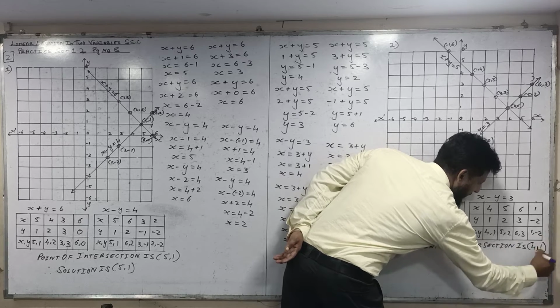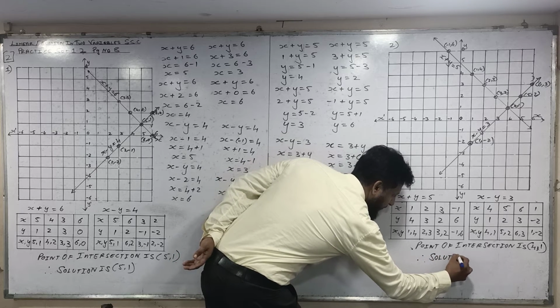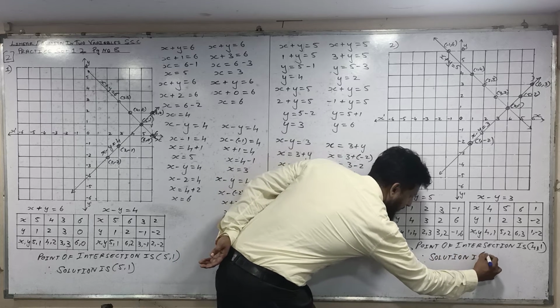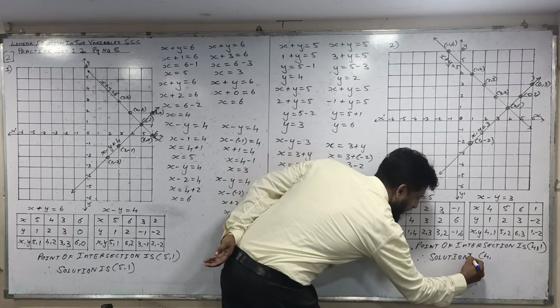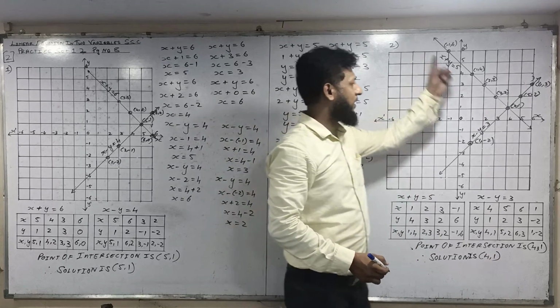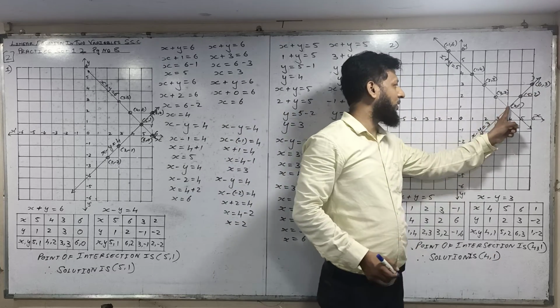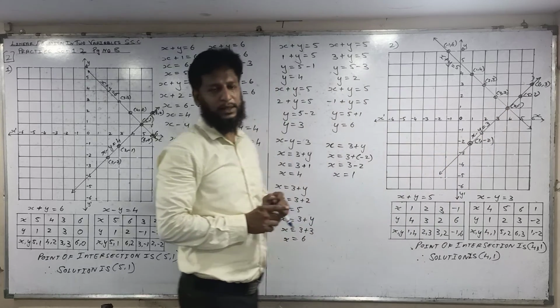So our solution is 4 and 1. So where the lines intersect is our point of intersection, is our solution. So we get the x and y value.